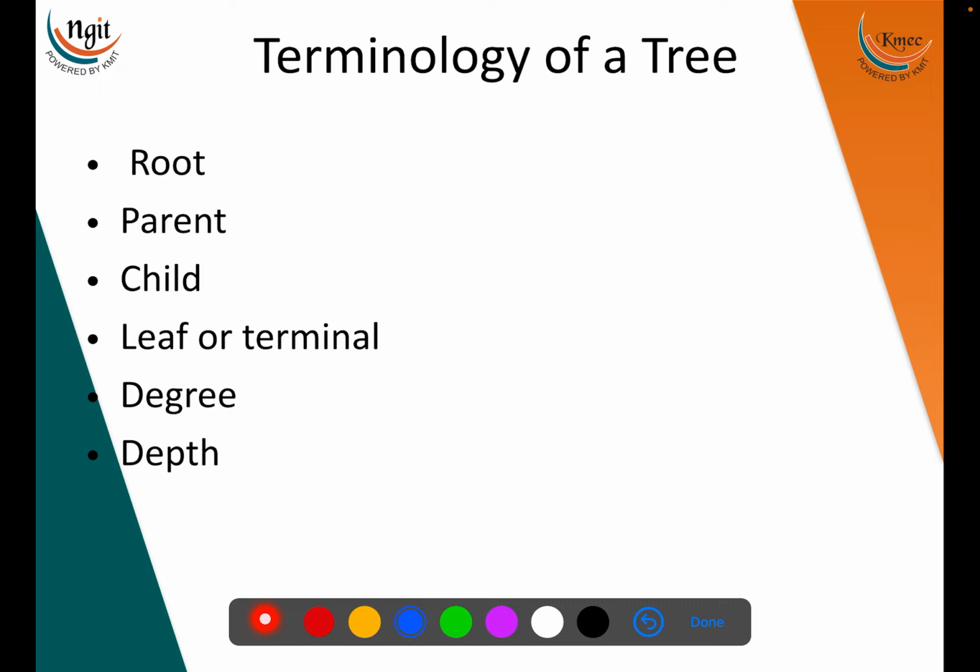There are different terminologies we have to focus on in a tree. The first terminology is root. Root is the node which is specially designated. What is the root node? In the example we took just before, 12 is the starting node and this is called the root node.